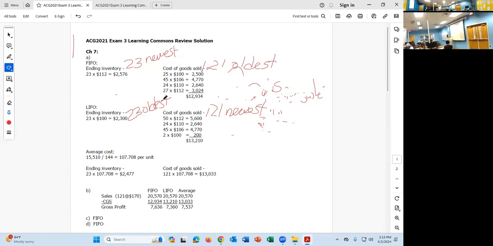Let's just come up with an average. Just come up with your average cost per unit, and then you multiply that same number by the number of units in ending inventory and the number sold.